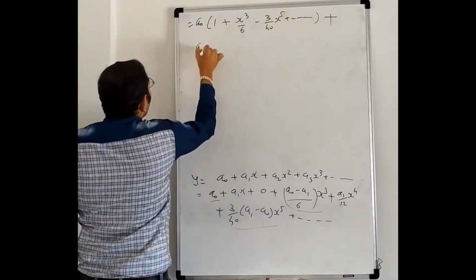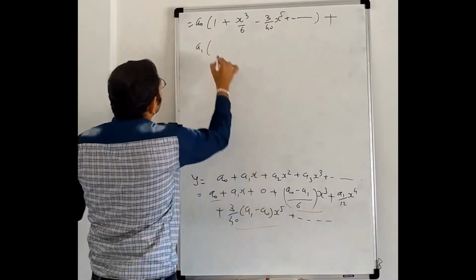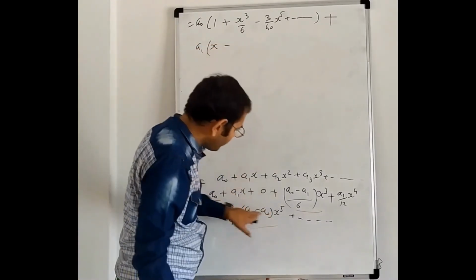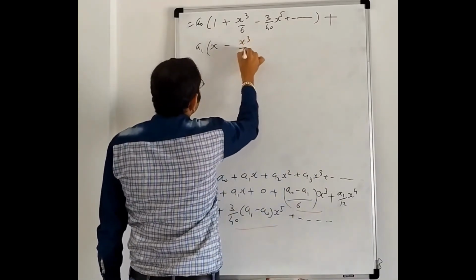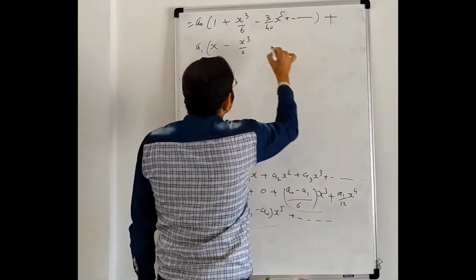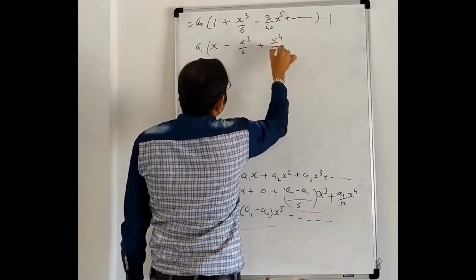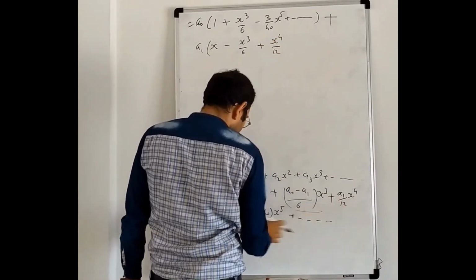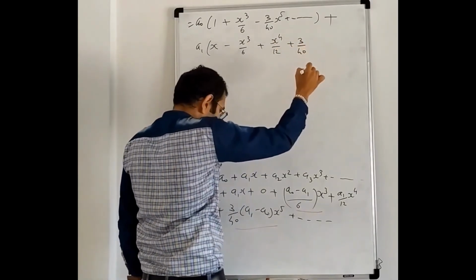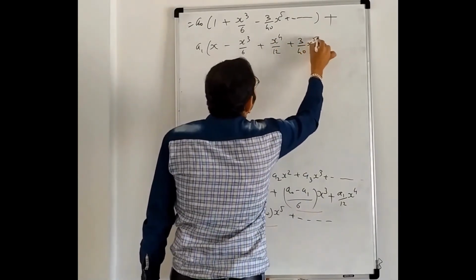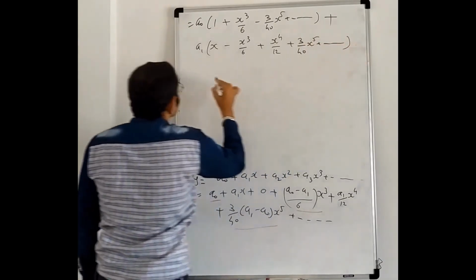Plus a1 common, then x minus x cubed by 6 plus x raised to 4 by 12 plus 3 by 40 x raised to 5, and so on.